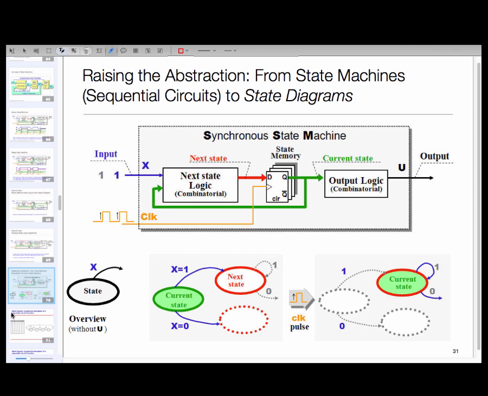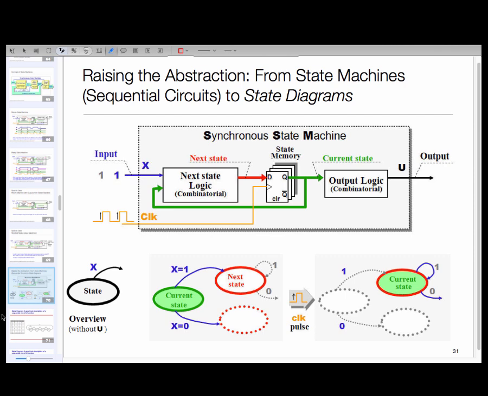I'm going to represent a particular value of the state by an ellipse, a bubble like this, and I'm observing the inputs. I have some value for x being the input from the outside world, and a clock tick comes. Looking at this logic, depending upon what x is and what the value of the state is, my next state will depend upon that.